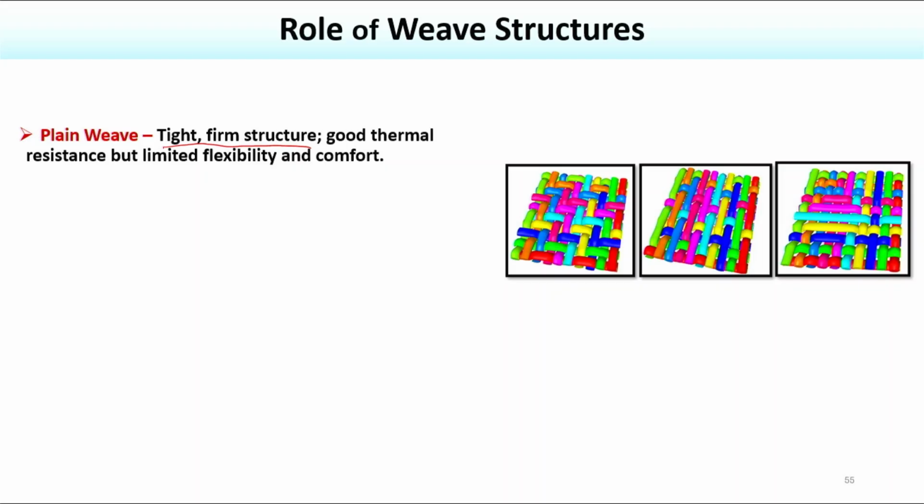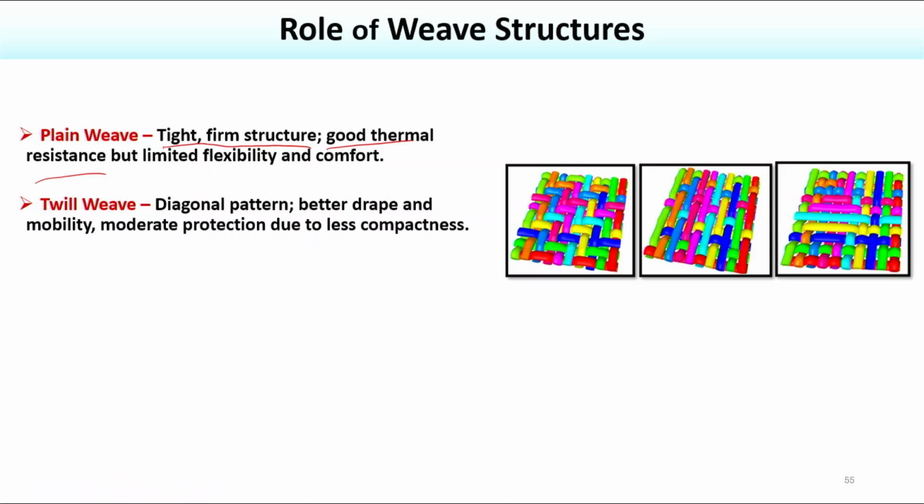We can produce very compact fabric with good thermal resistance, but as far as the body fit garment is concerned, we need stretchability. In woven fabric the stretchability is not there like knitted fabric.